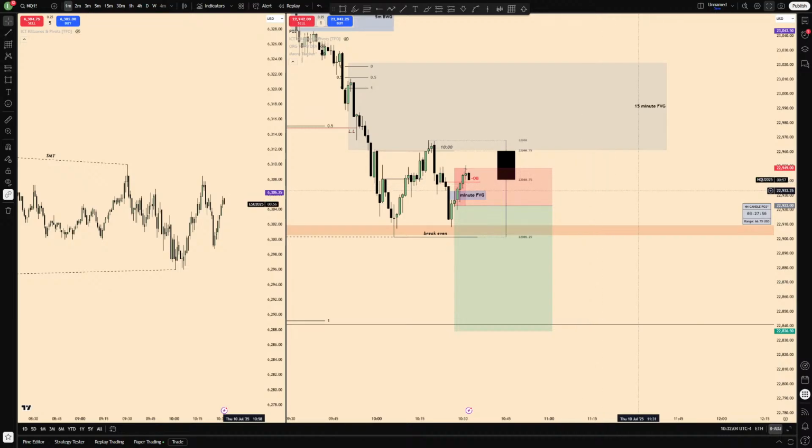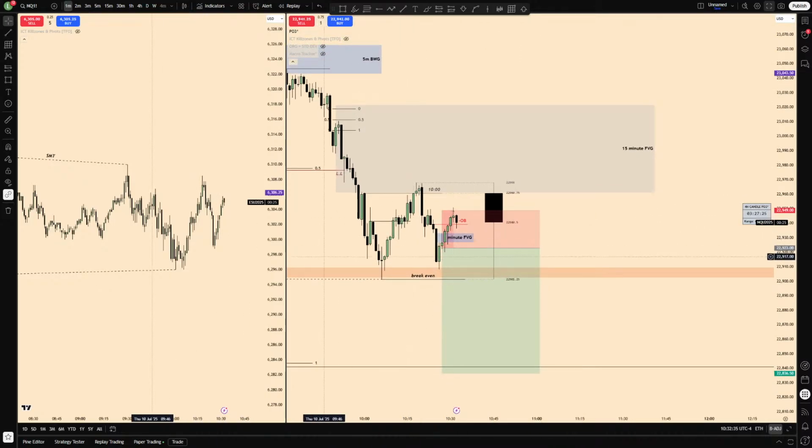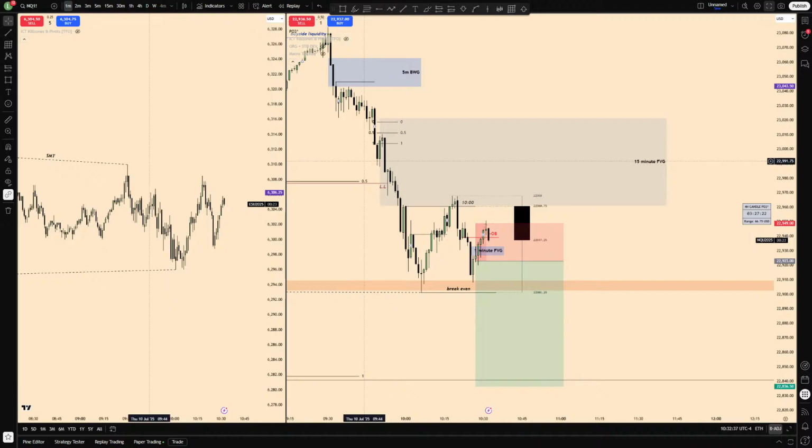Wicked up into that premium 2 minute. A little deeper of a retracement than I would have wanted to see, but yeah, I really just don't like ES.